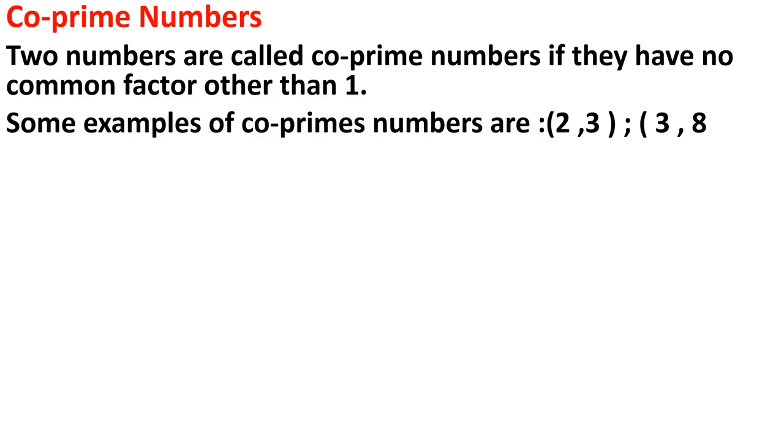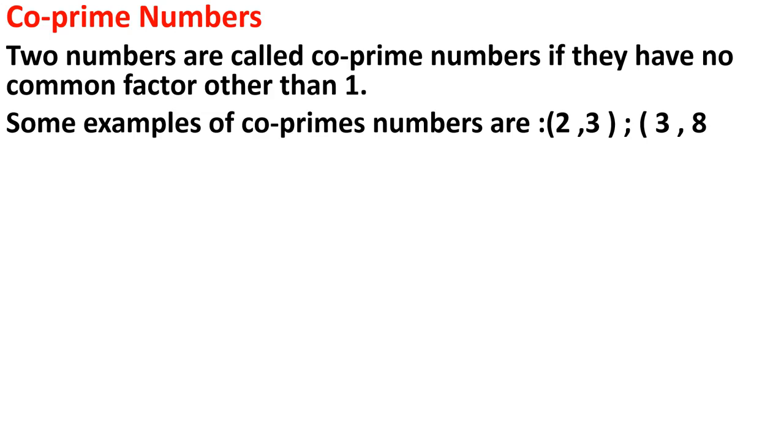But it is not like this that every time they must be prime. Maybe they are not prime. See the second example, 3 and 8. 3 is a prime number but 8 is not. 8 is a composite number. But still they are co-prime numbers because the common factor between them is 1 only. So two numbers which have only 1 as a common factor are called co-prime numbers.